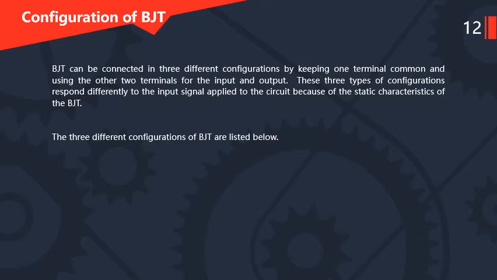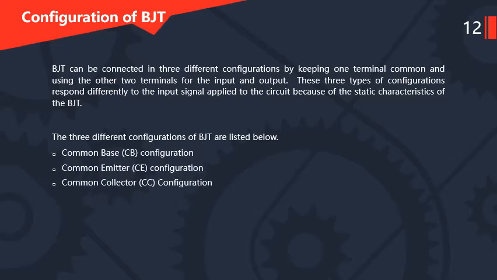The three different configurations of BJT are common base, in short CB, common emitter, in short CE, and common collector, in short CC configuration.